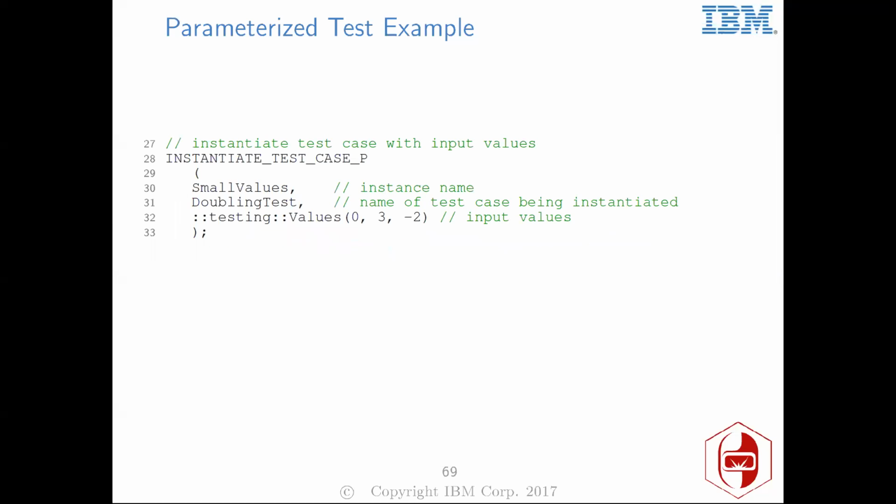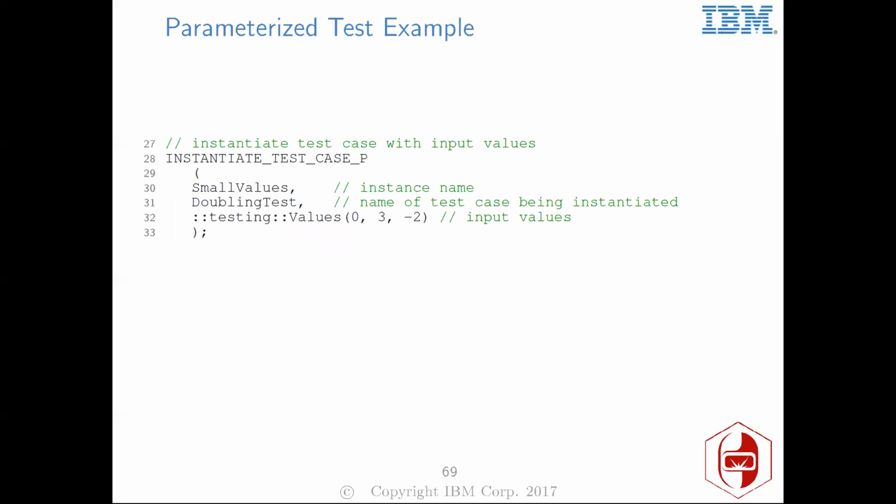Now we have to actually instantiate the test. To do this, we use the INSTANTIATE_TEST_CASE_P macro. And notice that we can actually instantiate the same test case multiple times. So the first argument we have to give it is a name for the current instantiation.